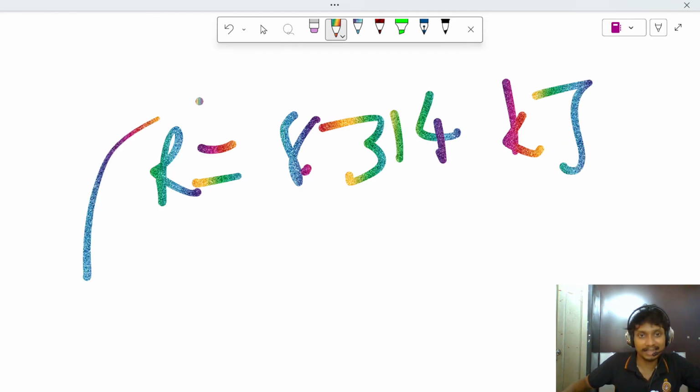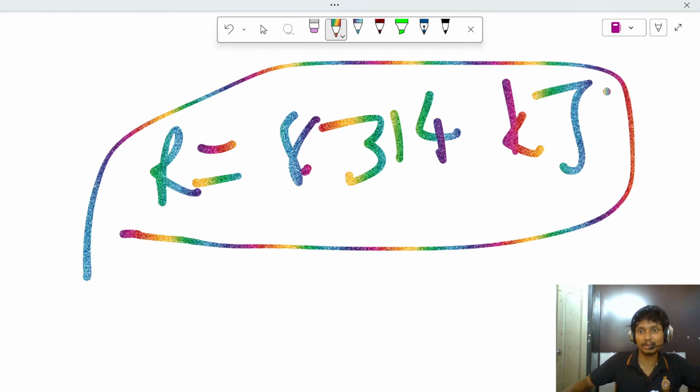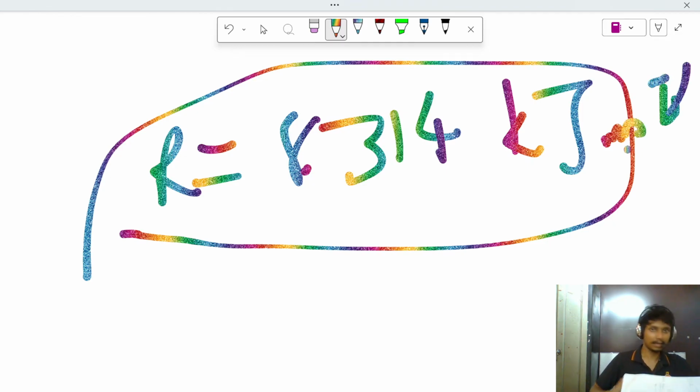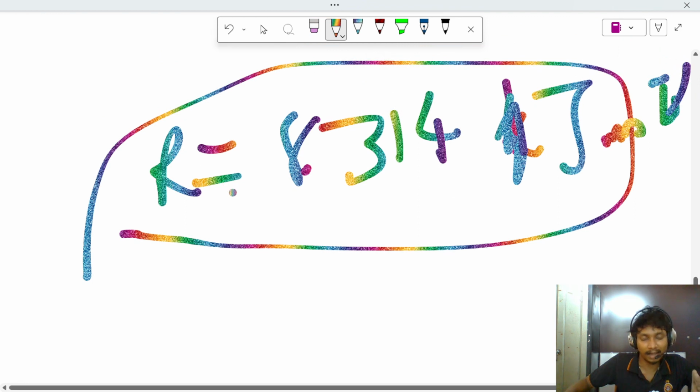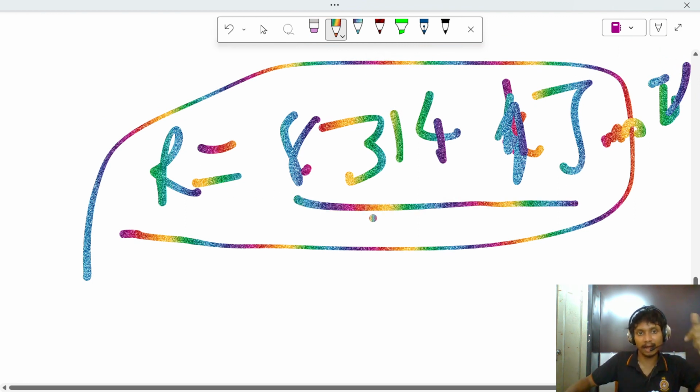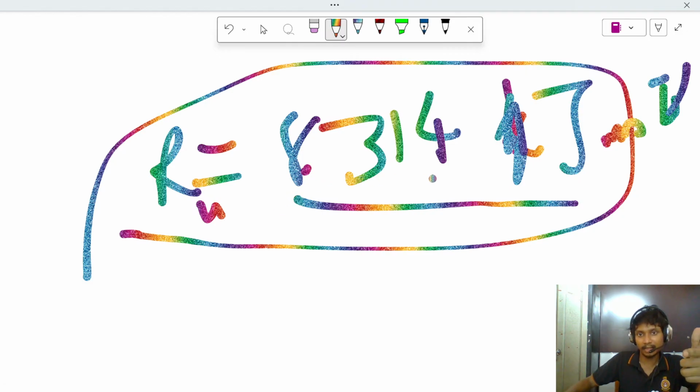The universal gas constant is 8.314 joule mole minus 1 Kelvin minus 1.